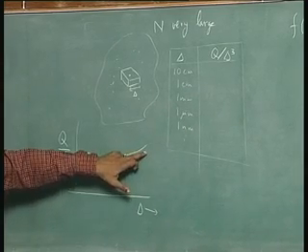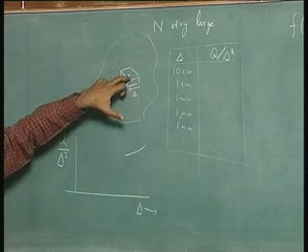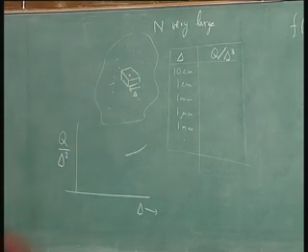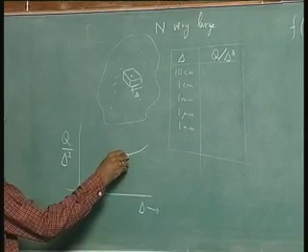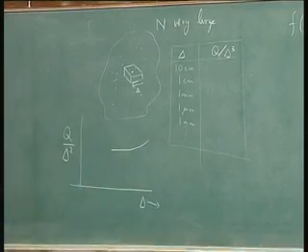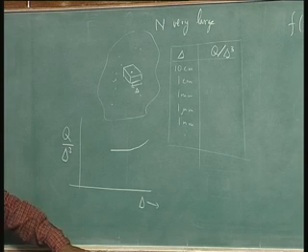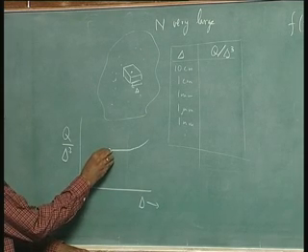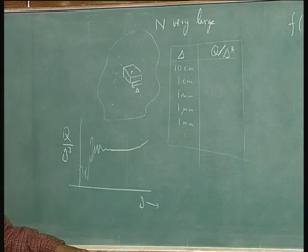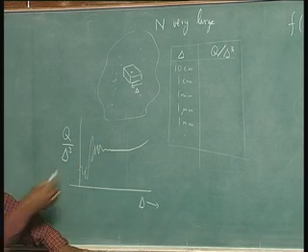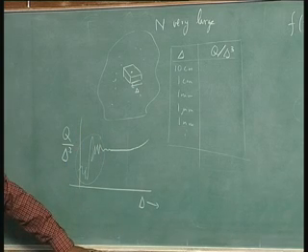This reflects the fact that when your box is too large, it's not really measuring local properties, it's measuring the entire volume. But after a point, as delta becomes small, it will level off. It will level off till you start getting noise. You get noise when the number of charges in your box are very small.